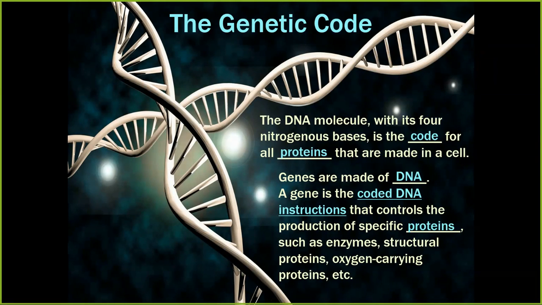Some of our proteins are enzymes, some are structural, some help carry oxygen throughout the body. So these genes, which are sequences of DNA, are the instructions for building proteins, and then those proteins do different things in our body. Any issues or questions?